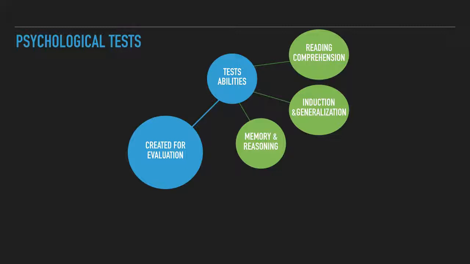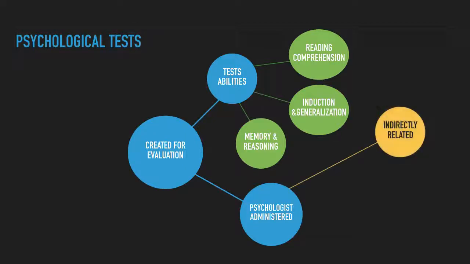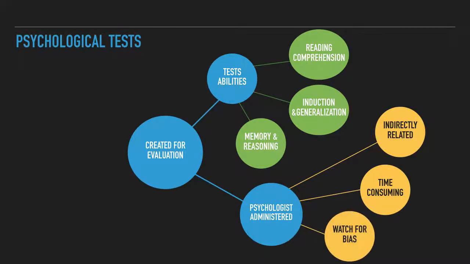So these are great things to test, but here's the other part: the psychologist administered tests are indirectly related to education. So they're not going to tell you to put the student in this, that, or the other. It's going to speak to a general reasoning or thinking capacity within the student, or other areas that you might want to test. They are time consuming because they're usually long tests, and also watch for bias in these as well.